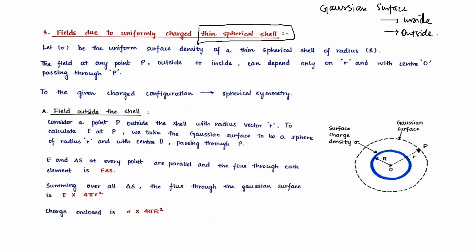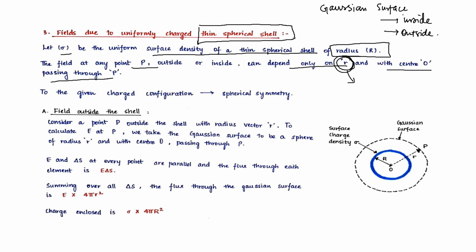Field due to a uniformly charged thin spherical shell. Let sigma be the uniform surface charge density of the thin spherical shell of radius capital R. The field at any point P, outside or inside, can depend only on r, the distance at which we have taken the Gaussian surface, with the center O, passing through the point P. For the given charged configuration, we have spherical symmetry.